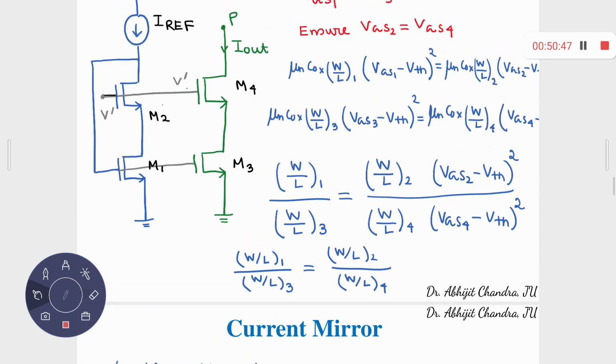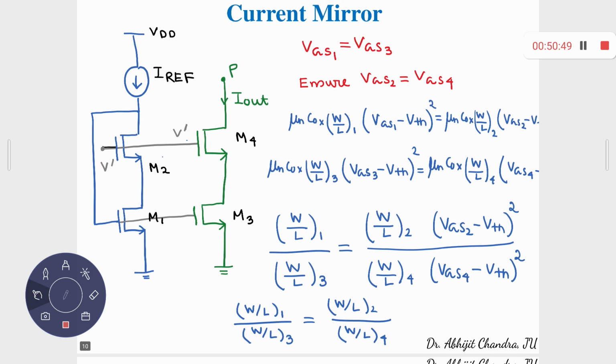I think you can simply expect that this condition must hold good, because through this branch the current is I reference, through this branch the current is I out. Yes, this condition must hold good. So for 1 and 3, you understand that VGS1 is equal to VGS3. That is quite obvious. Gates are connected together and sources are connected to ground.